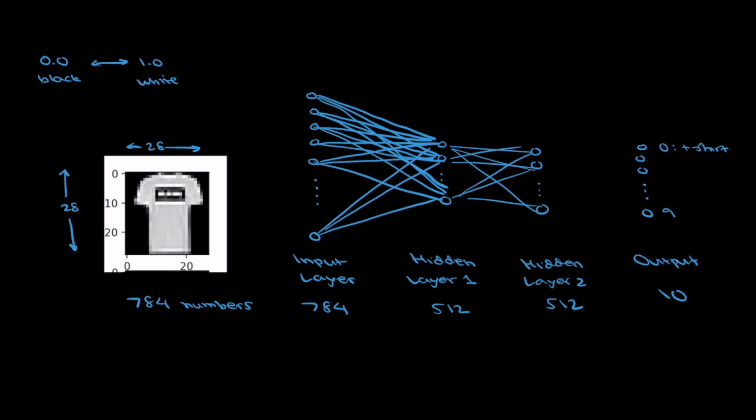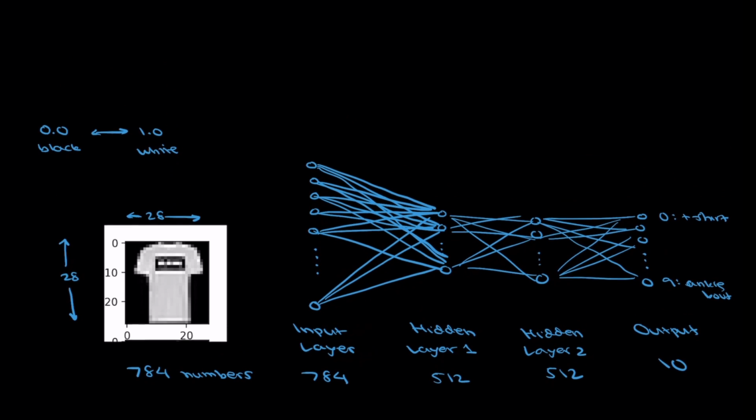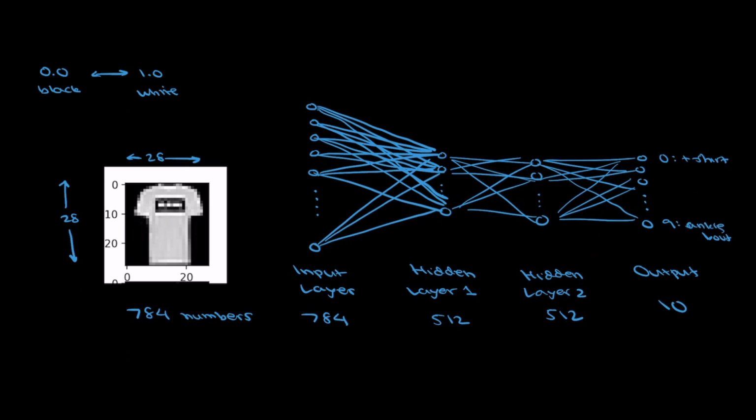If this one lights up, we know it's going to be an ankle boot or shoe, etc. So we have our 10 output neurons. So this is the architecture that we're going to be implementing. We're going to have these 4 layers: our input layer, mapping to our hidden layer, mapping to our next hidden layer, mapping to the output. So let's jump back into PyTorch and code this up.